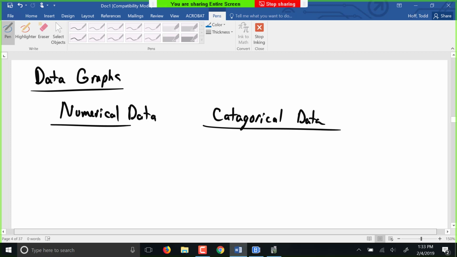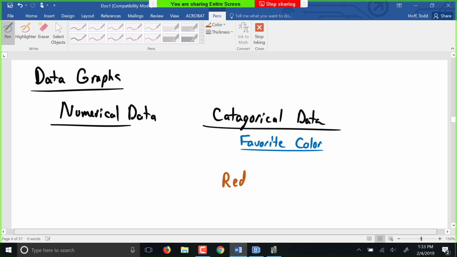The things that are being graphed are categories and their frequencies. An example might be favorite color. If I ask people what their favorite color is, their answer to that question is not going to be a number, not numerical. It's going to be a word or a category. Your answer puts you into the category of people that like red or green or blue or whatever.